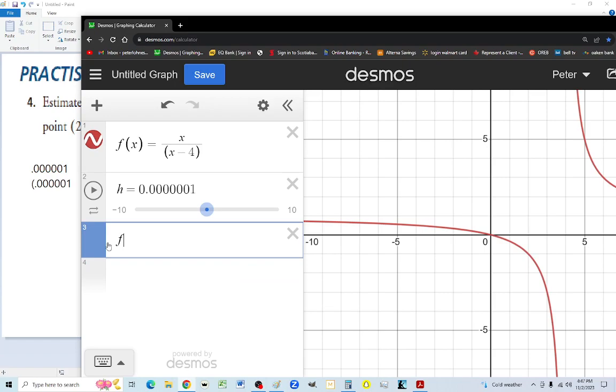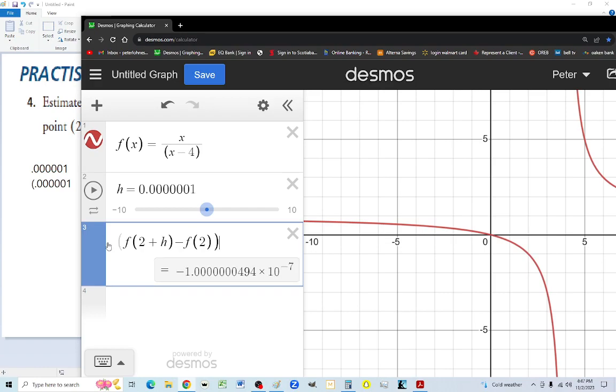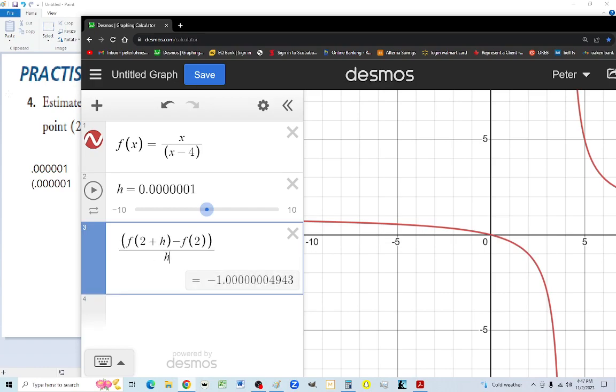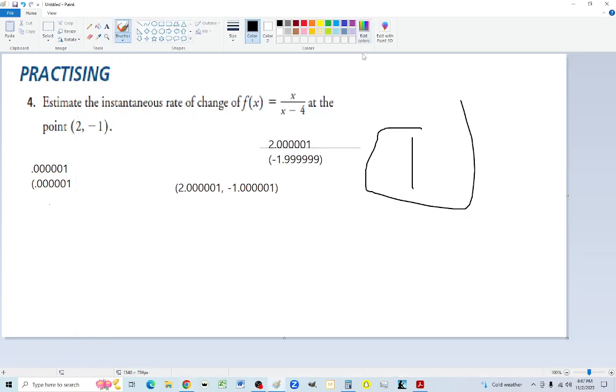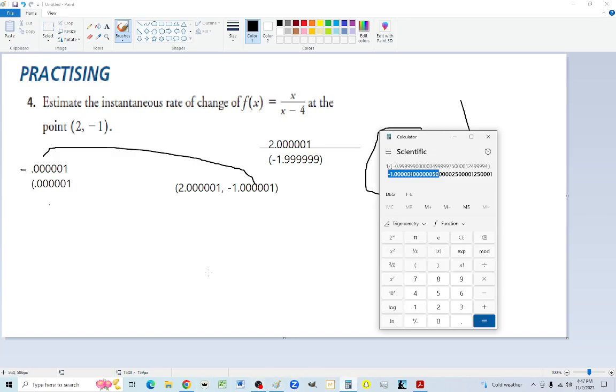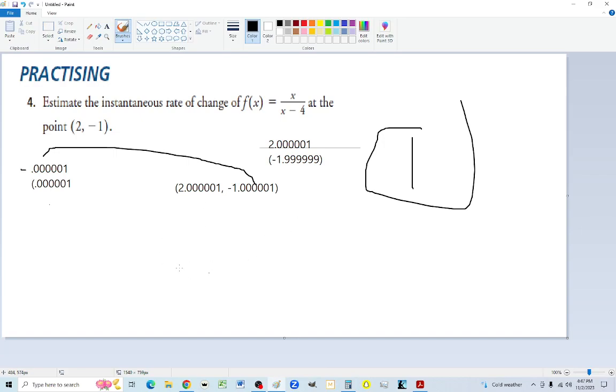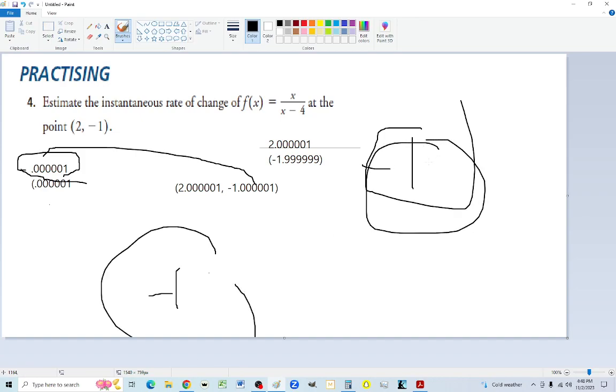Then we take f of 2 plus h minus f2, and divide that all by h. Sure enough, I get negative 1. I forgot that this is a negative 1 over here, so we get this as the result. Pretty much negative 1, which is what we had. Well, I had 1, but I'd forgotten that this is negative. So we're pretty much bang on.